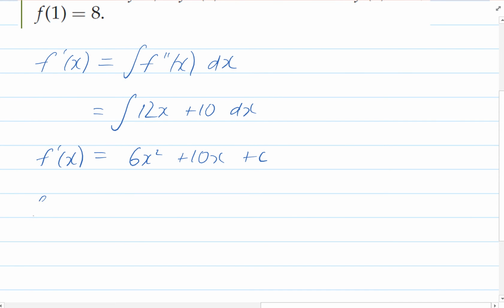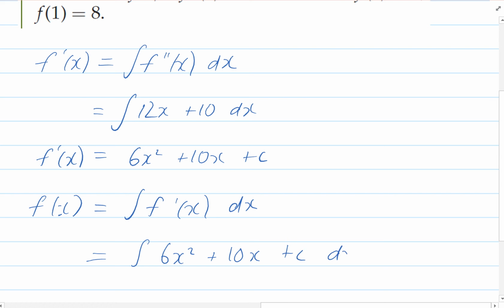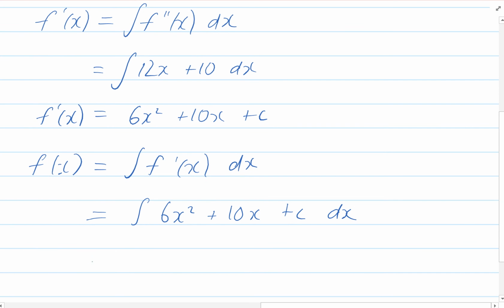And then f of x is going to be the integral of f dash of x. So we're looking for the integral of 6x squared plus 10x plus c with respect to x. So 6x squared, integrating that, we're going to be dividing it by 3, so that will give us 2x cubed.